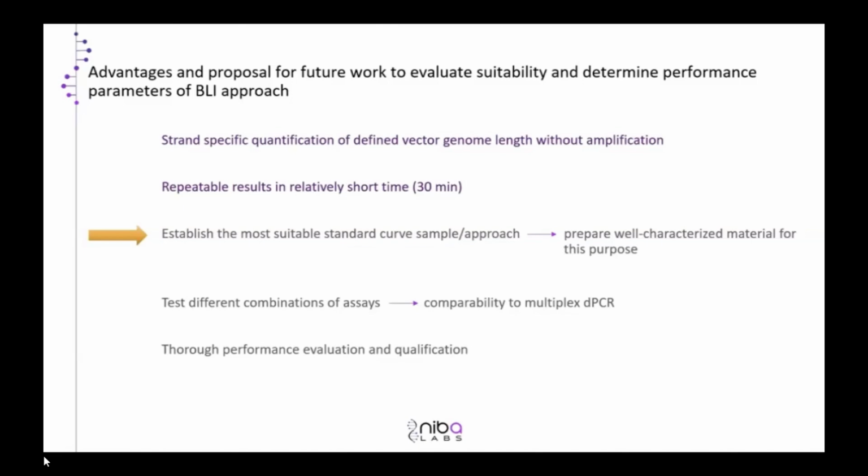Then what we need to do is also test the different combinations of the assays and then show, let's say, this fragment content comparability to the results that we have already with the multiplex digital PCR.